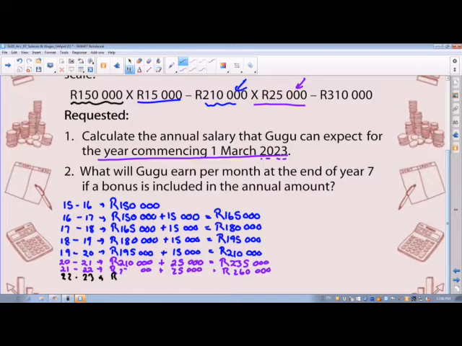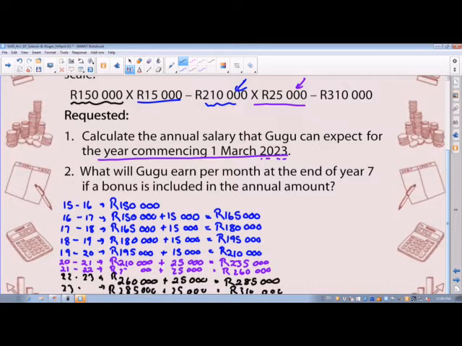Let's continue. We have to say 260,000 plus 25,000, and then we get 285,000, and now that's the year commencing. So the year commencing in 2023 is then your 285 plus your 25, and that will be then your 310,000.